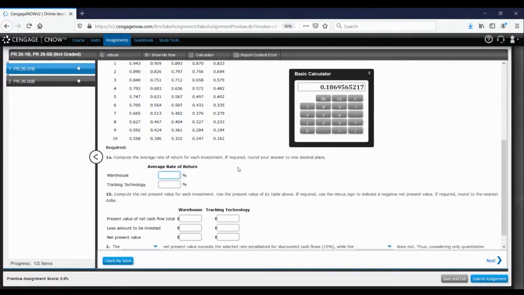So this would be 18.7% is the amount of the average rate of return. I would want to do the same thing. I would want to find the average rate of return for my tracking technology so I could compare the two assets to see which one would give me the higher rate of return.